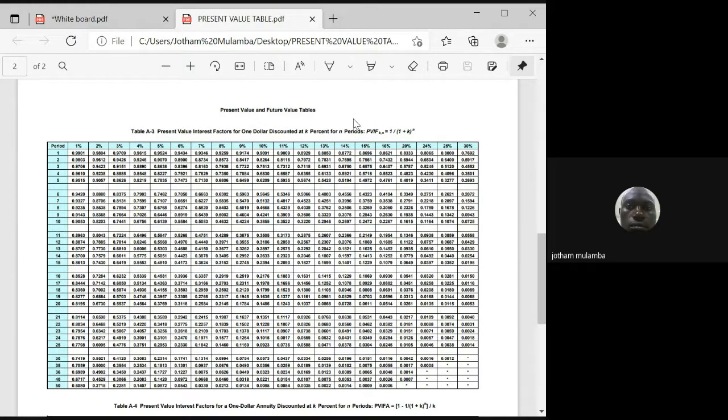We close the bracket, then it's power 1, power 2. So for the first year it is power 1.